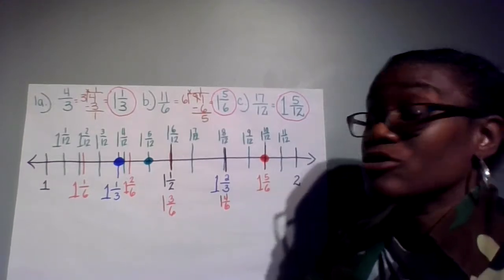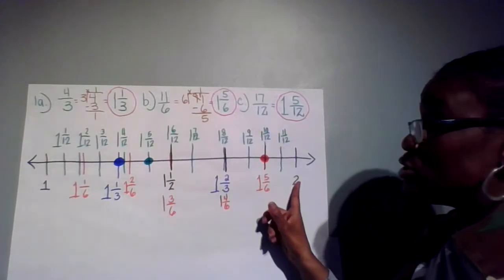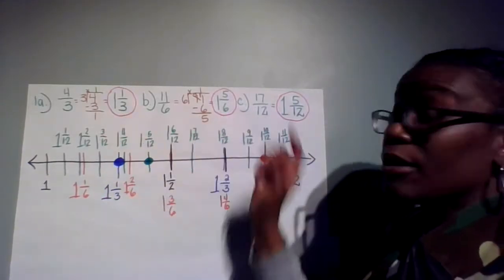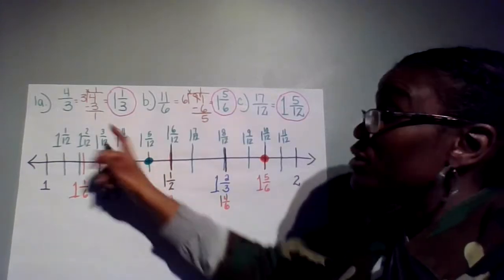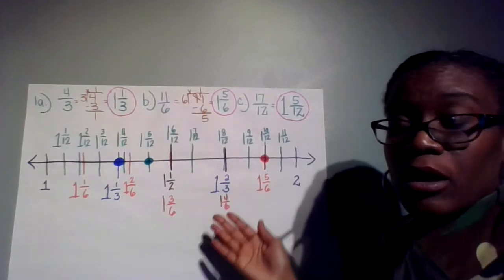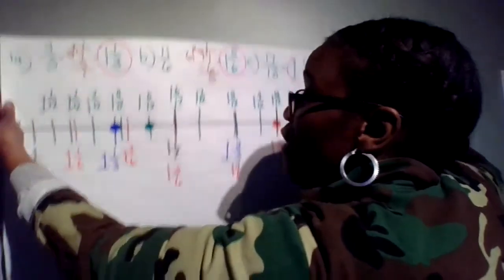And now, using the benchmarks 1, 1.5, and 2, we were able to plot 3 different mixed numbers with different denominators all on one number line. So now we can compare these fractions.